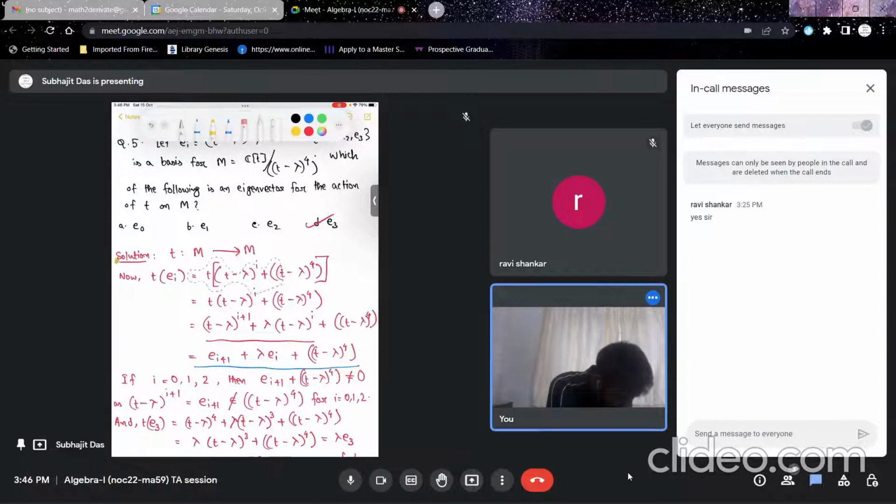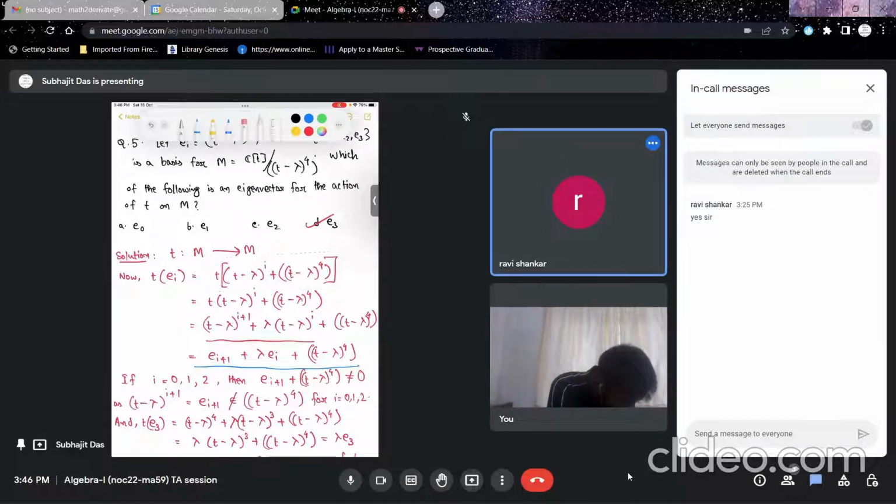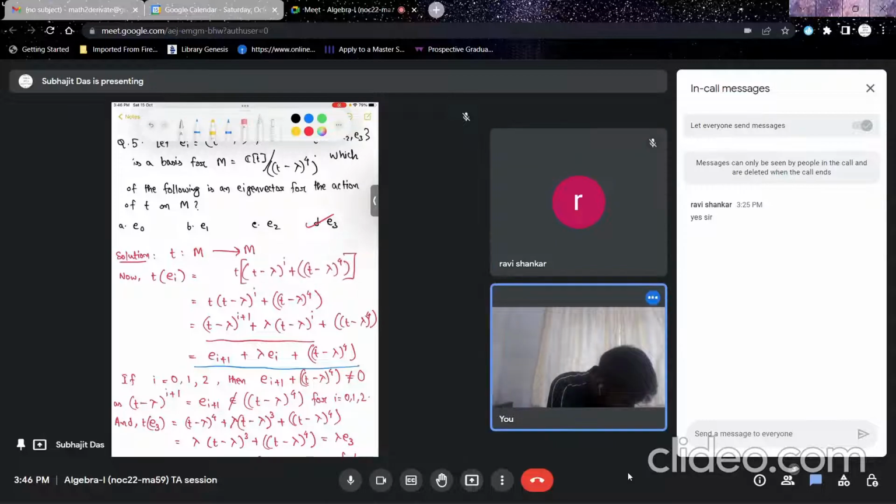Let me write this precisely so that people don't get confused. By T Ei, what I am actually trying to say is T Ei plus the ideal generated by (t minus lambda)^4. Yeah, now it's correct.